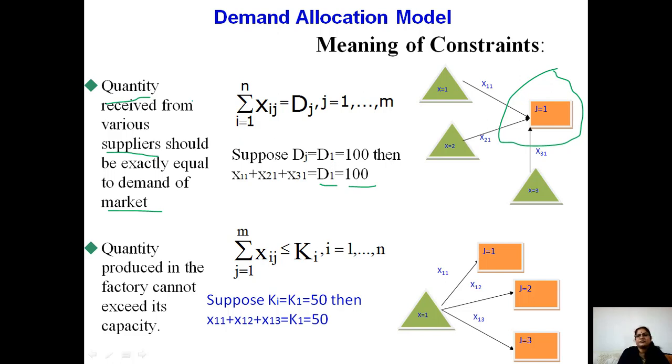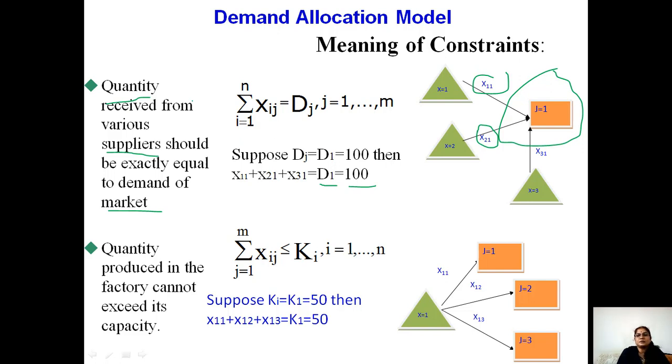Then if X11 is equal to 10 and this is 20, 20 plus 10 is 30. The remaining should all be supplied by this plant, so it should be 70. So this is supplying 10, this is 20, then this has to supply 70, so that the total, when we sum up, comes to 100.